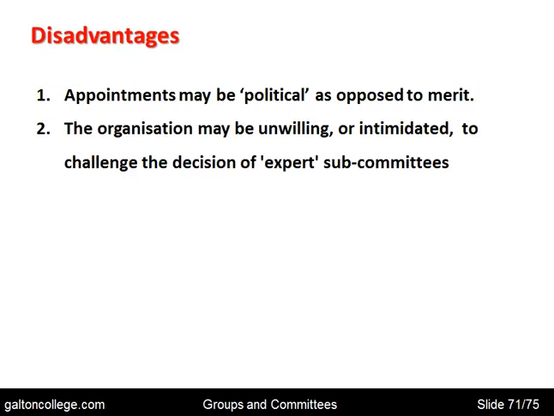The organisation may be wary or intimidated to challenge the decisions of expert subcommittees. Sometimes committees form subcommittees to go away and look at certain issues, and the subcommittee reports back to the main committee. Well, if the subcommittee was made up from experts, from very talented and experienced individuals, then the main committee may be very reluctant to challenge them, because they don't want to look like they don't know.